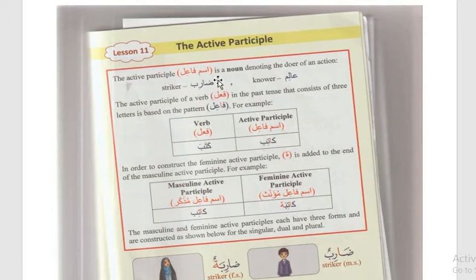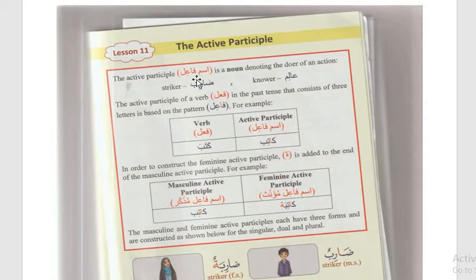For example, we have ضارب, striker. ضارب here is اسم فاعل or active participle. Another example of active participle is عالم, knower. Again, active participle means the one who's doing the action.